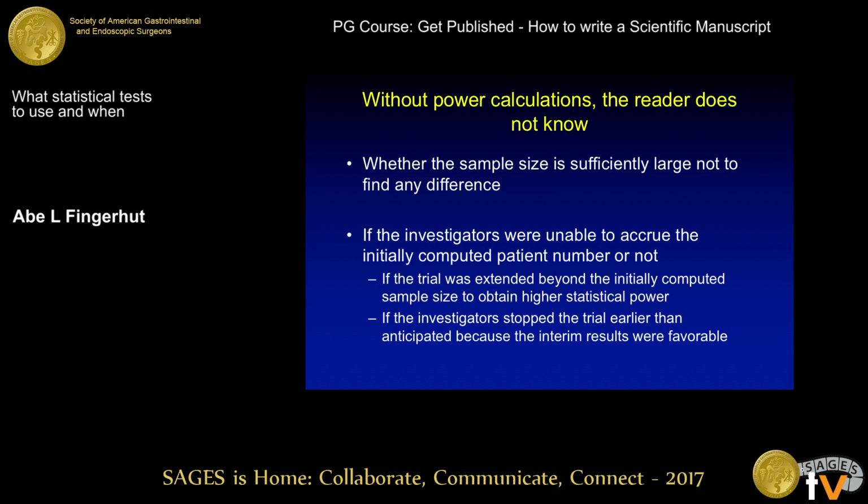Can I make that again? Power calculations are important so that if you have a negative result, you did not have a statistically significant difference found, you want to know whether that is due to a real absence of difference, probable, or just because you didn't have enough patients or population to determine it. That's what a power calculation is about. That's all you have to understand.